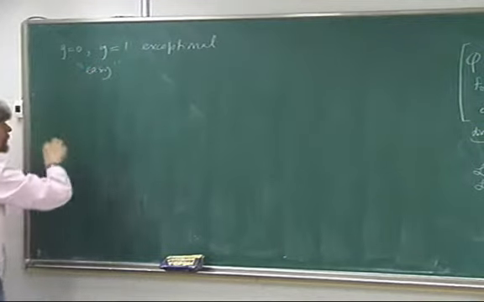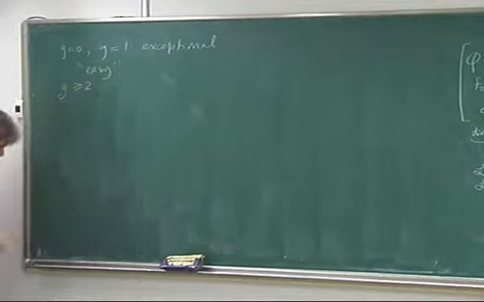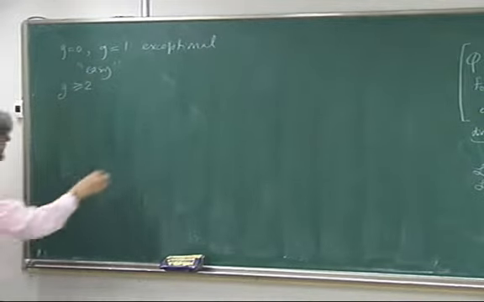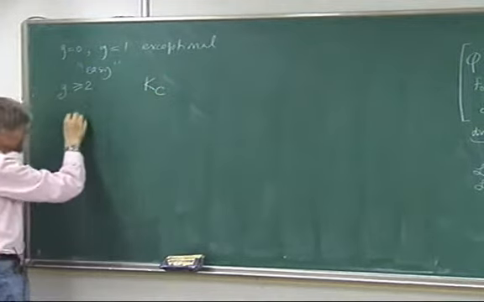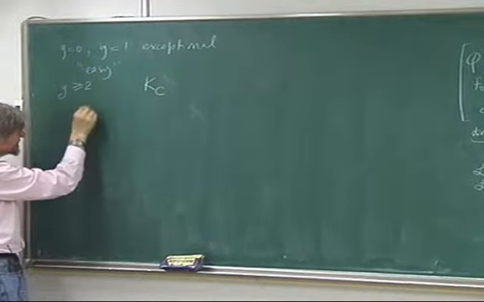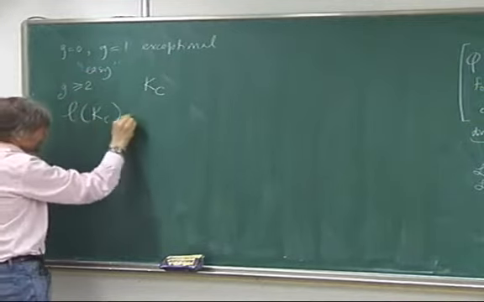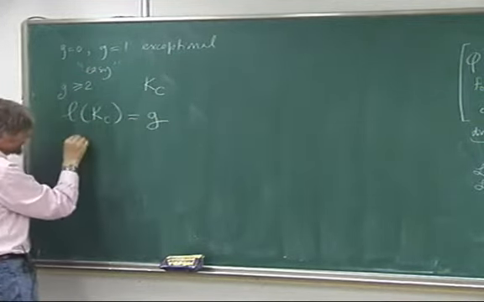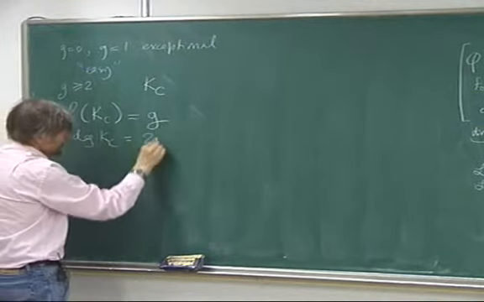And what do we get when genus is greater than or equal to 2? In this case, we're going to get the canonical class, Kc. And the canonical class, we know, has l of Kc equals g, and degree of Kc is 2g minus 2.